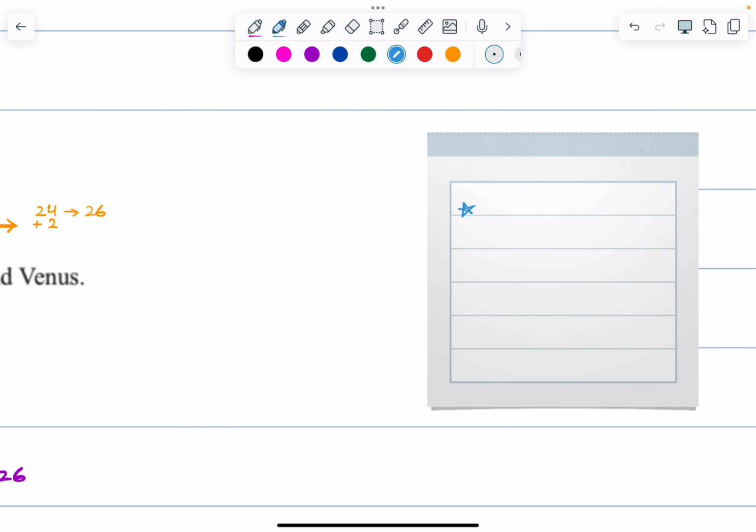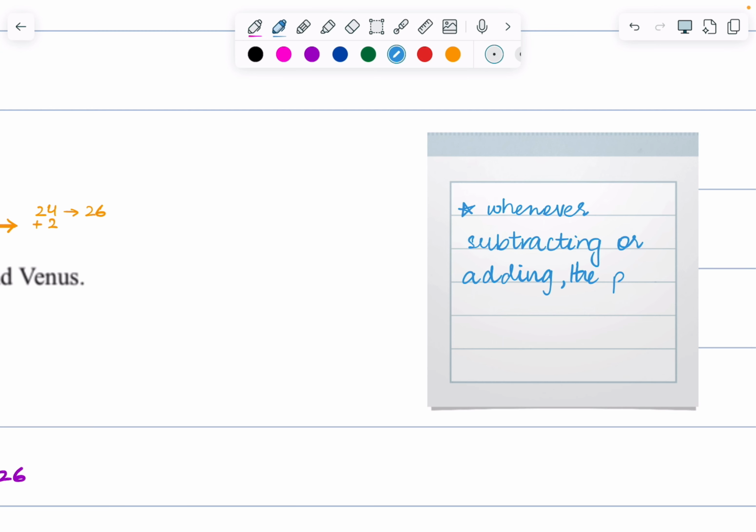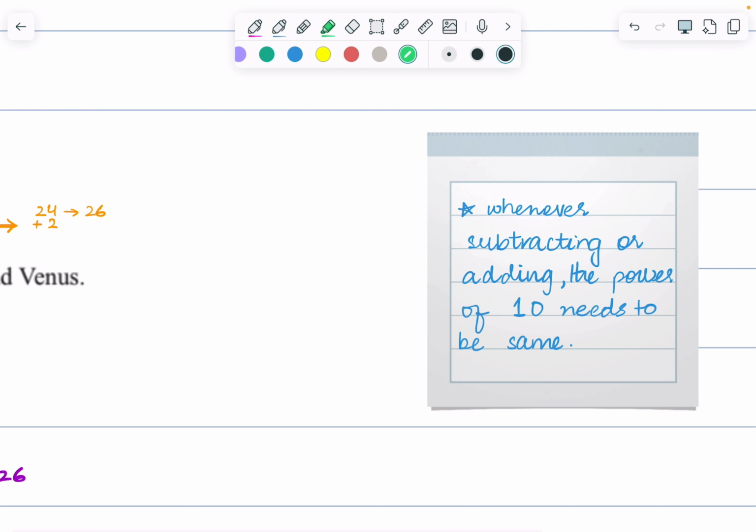Okay, whenever subtracting aur adding, theek hai, both cases apply. Addition aur sorry division aur multiplication mein koi masla nahi hai, theek hai, woh aap as it is kar lo. But whenever you're subtracting or adding, the power of 10 needs to be the same. Got it? To be same. And that's it. We're done. Now are we clear as well? Oh, any other question?